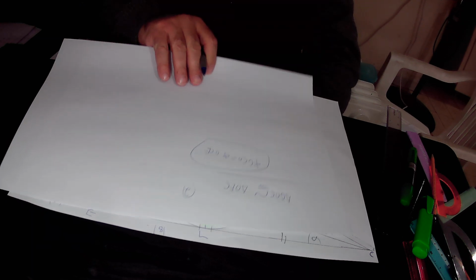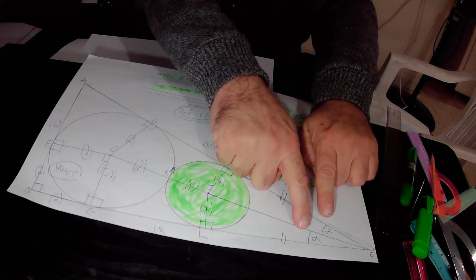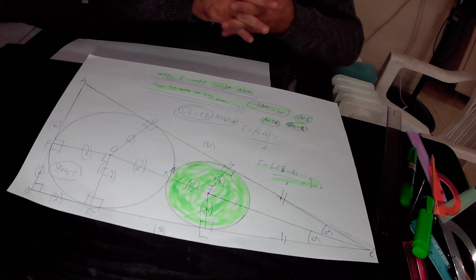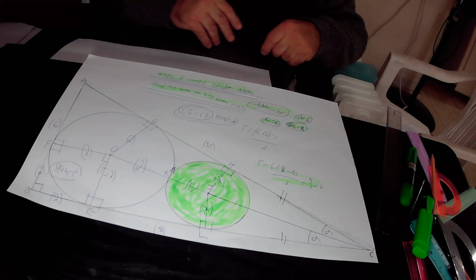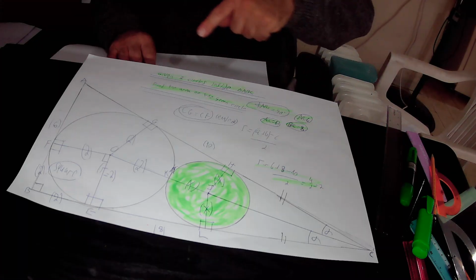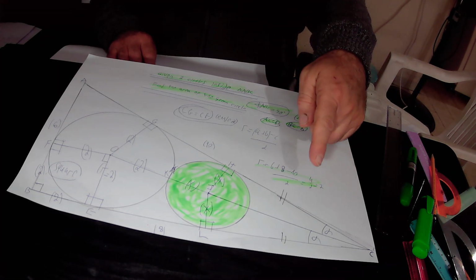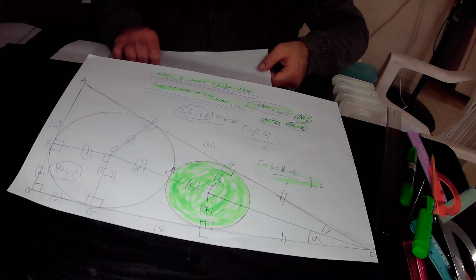So if we define the size of one angle as alpha, then the other angle must also equal alpha.